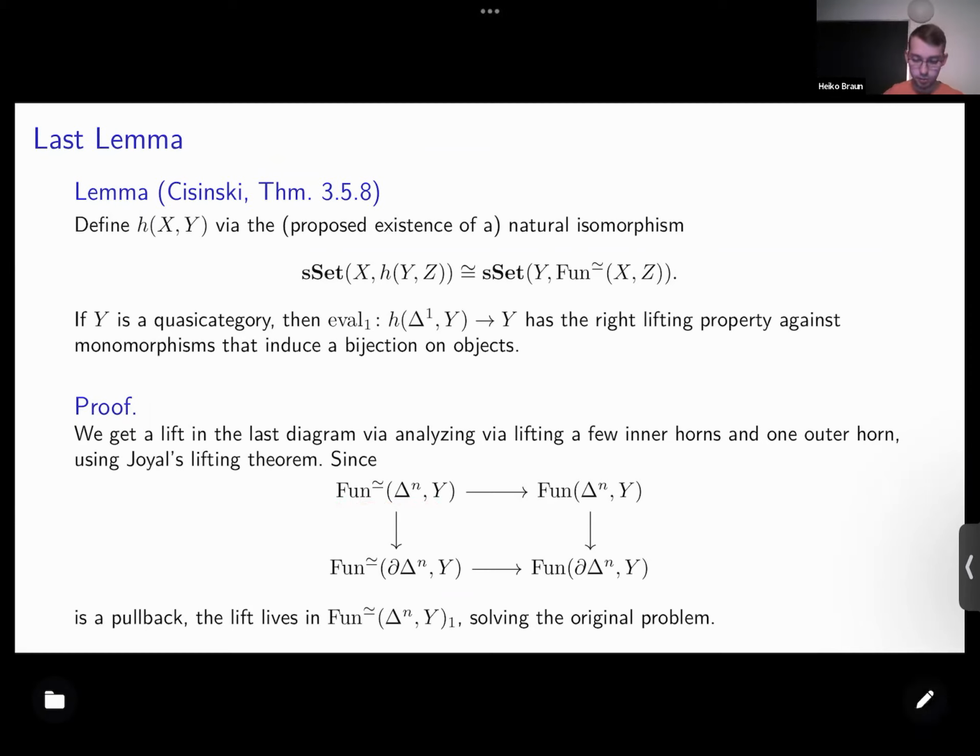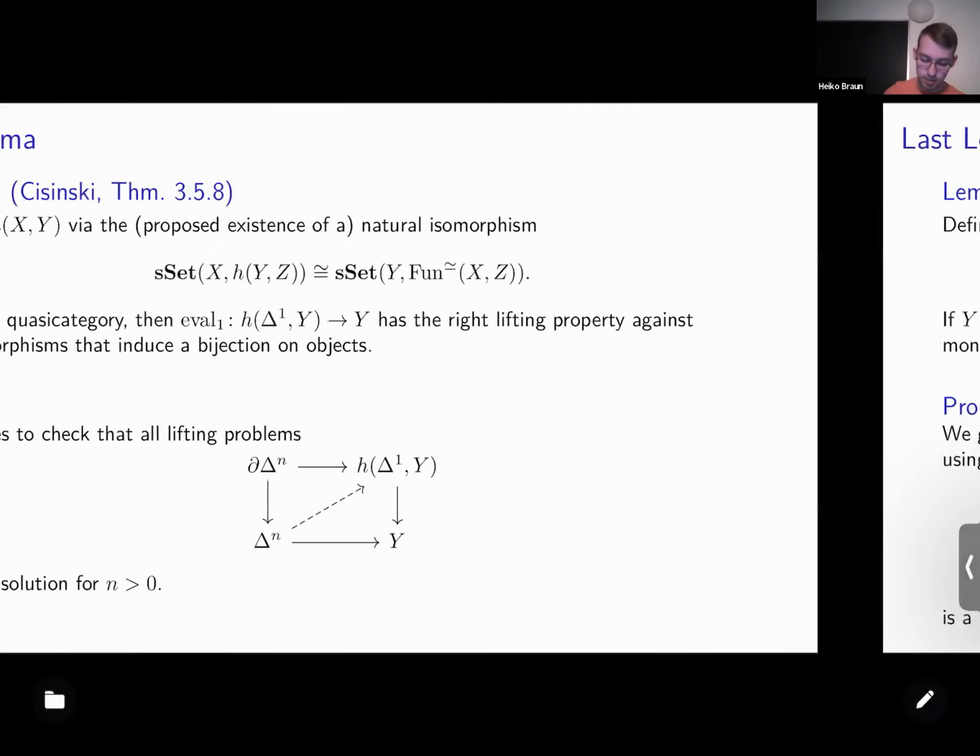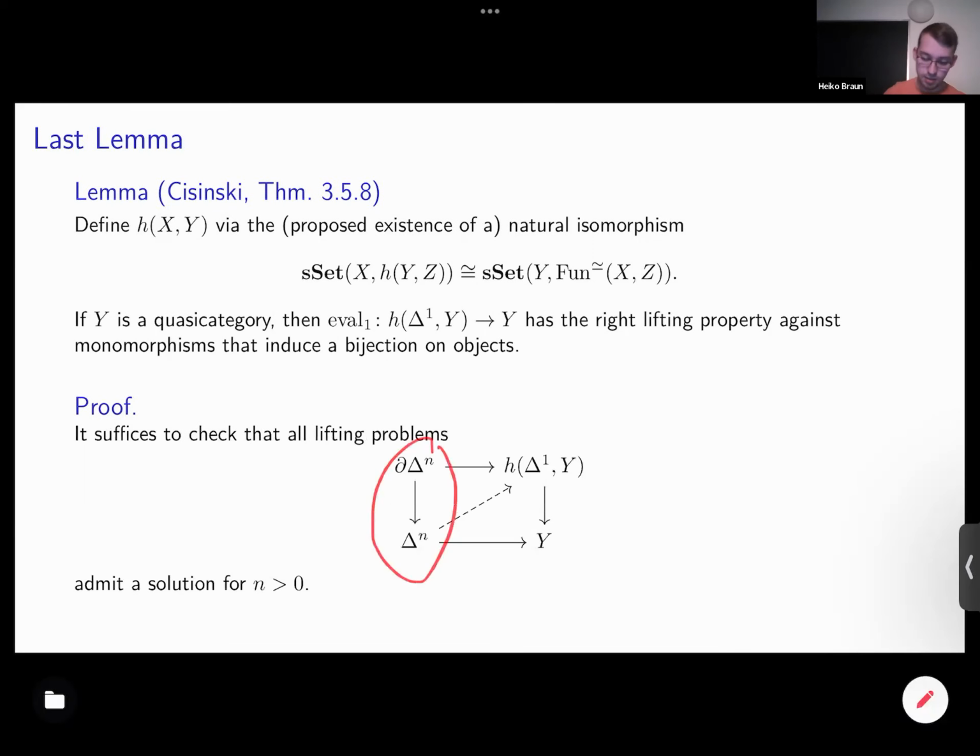And in total, you show that this evaluation at the first edge will have the right lifting property against, first of all, the inclusions of these standard simplices, the boundaries for n bigger than 0, but then also just on all inclusions, monomorphisms that induce a bijection on objects.